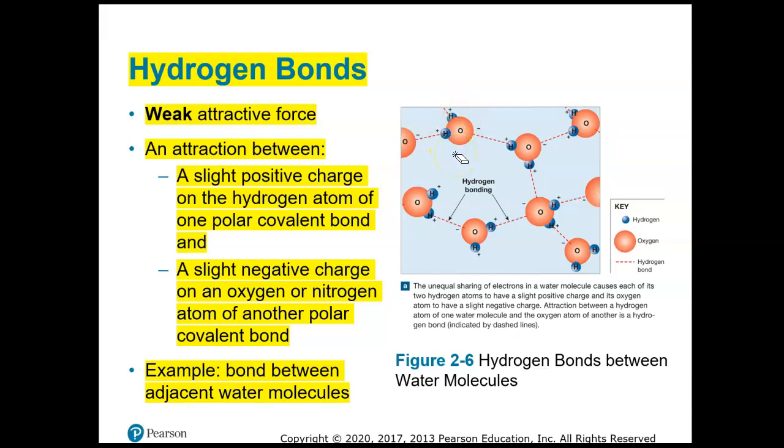So there are several different polar covalent molecules, but what this does is it allows water to have a lot of properties. It allows it to form hydrogen bonds with other water molecules.